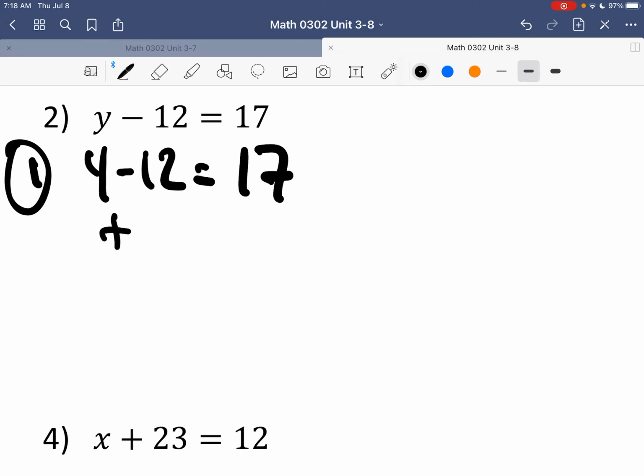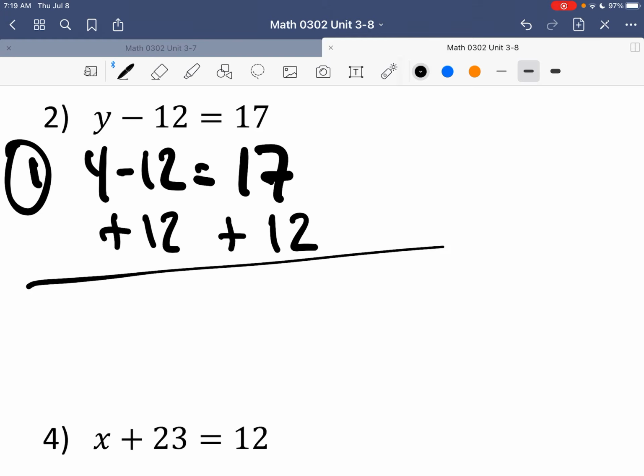So we'll be adding a number to both sides of the equation. Again, the idea is we want to add a number to both sides such that on the left-hand side, we're just left with the variable y by itself. So that's going to be the number 12.